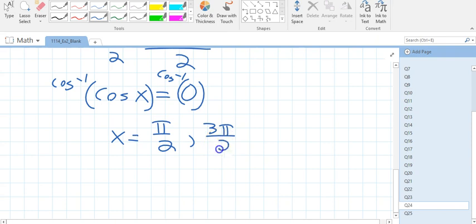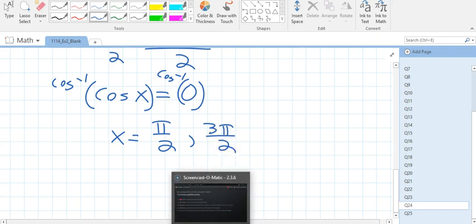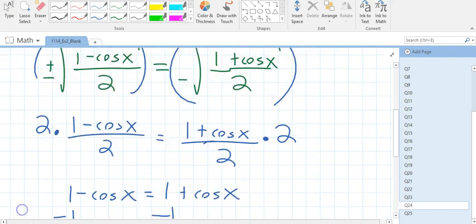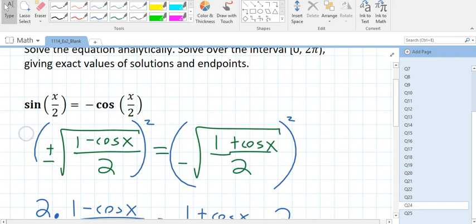But I would always, again, advise you, especially when it comes to 10.6, check those answers. So let's take these two values, and plug it back in and make sure that both of them are okay. So if I come up here, what's pi over 2 divided by 2?